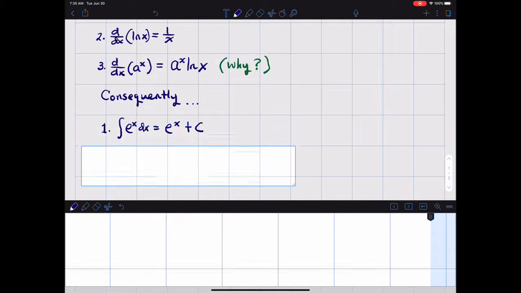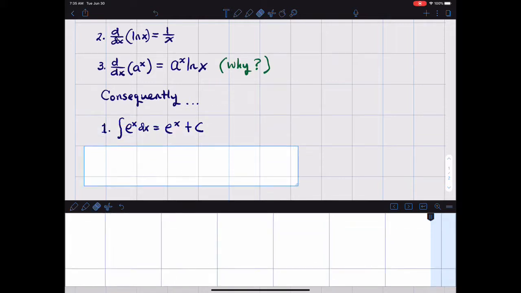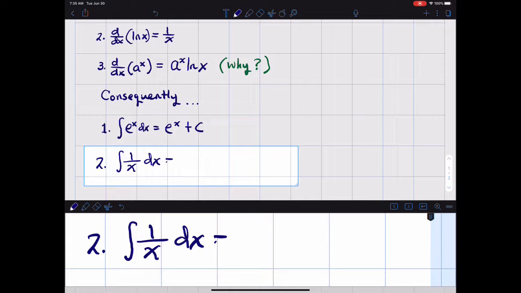Now, secondly, the integral of 1 over x dx is the natural log of the absolute value of x plus c.